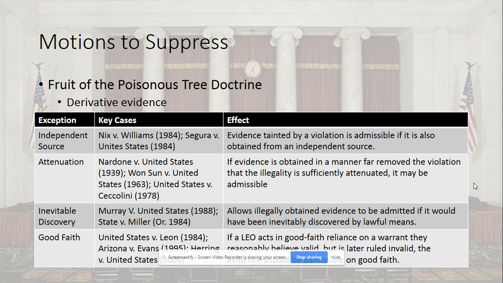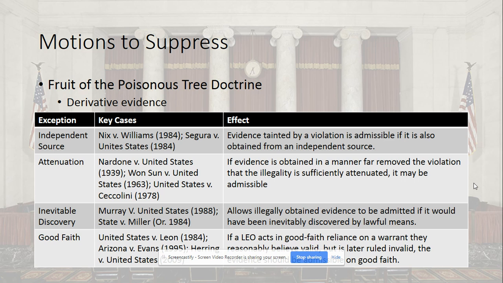And then later it's determined through the course of our investigation, maybe even from the evidence we seized on the search warrant, that the facts we used to obtain the search warrant no longer exist. That would technically invalidate the warrant, but since we were acting in good faith on the warrant being valid and the information used to obtain it being valid, then even though that evidence is technically illegally seized, it's still admissible under the good faith doctrine of fruit of the poisonous tree.